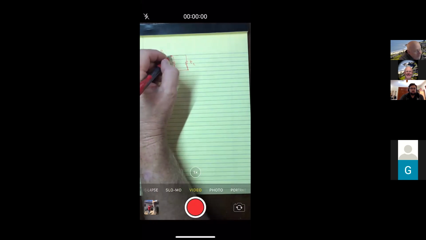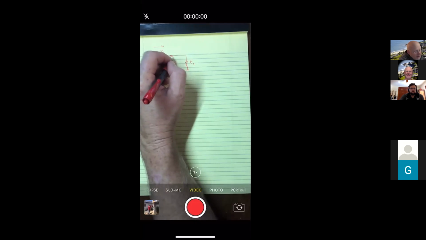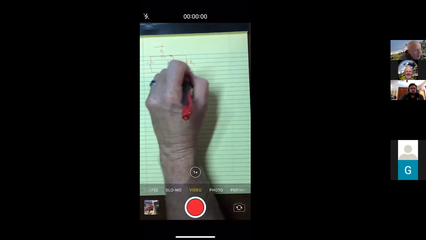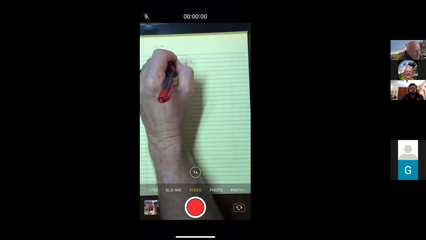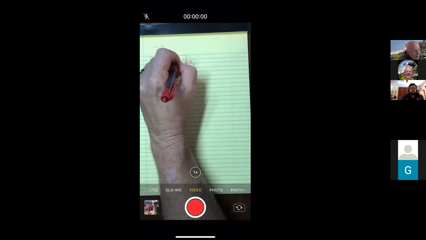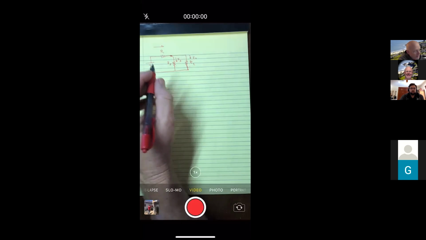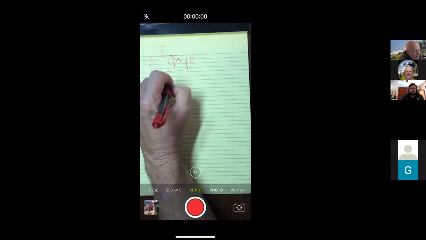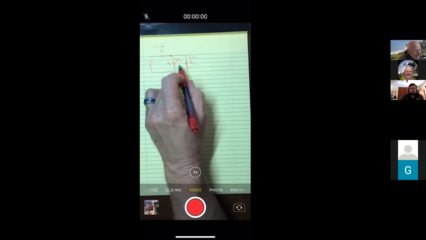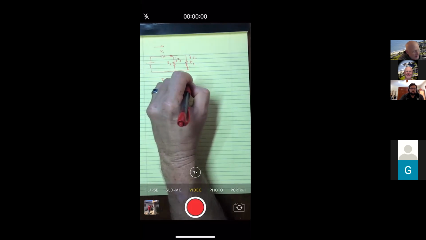If the current comes this way and splits, R2 and R3 are in parallel. So if we call this current 3 and we call this current 2, I would say current 3 times resistance 3 has to equal current 2 times resistance 2.